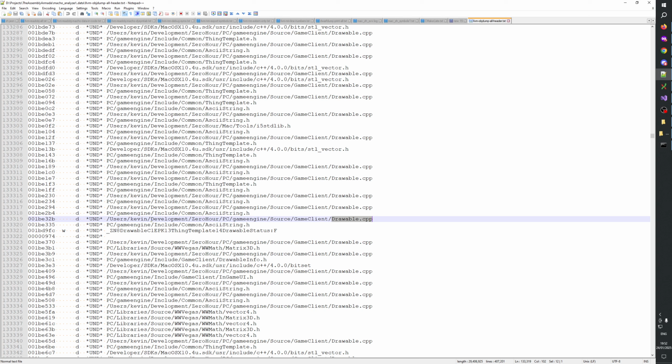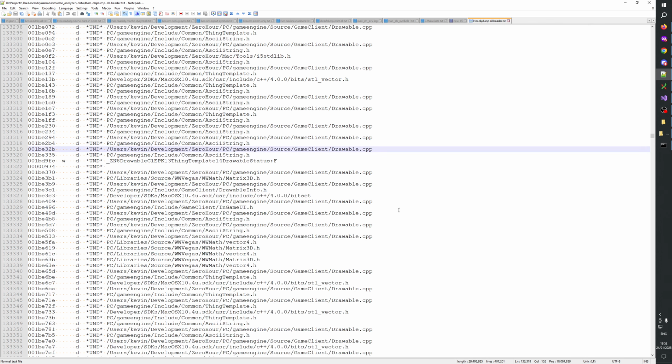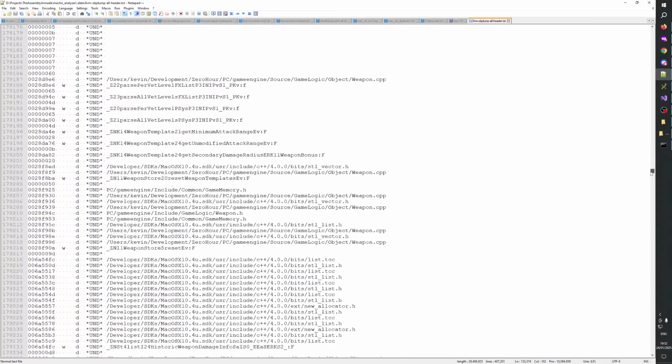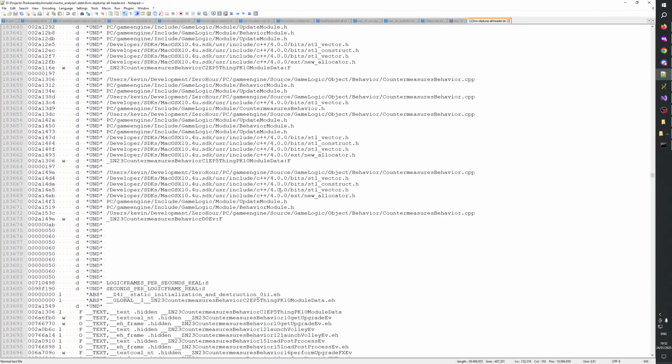It's here drawable CPP, and here's drawable class. So it's certainly inside this drawable CPP, right? Let's look at some more samples. Here, countermeasures behavior. Looks like a constructor or something. And it's inside this countermeasures behavior CPP. Yeah. So there certainly is a relationship.